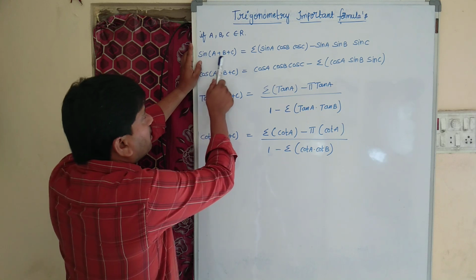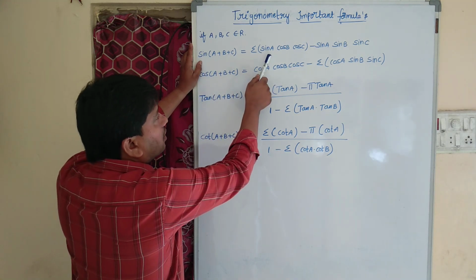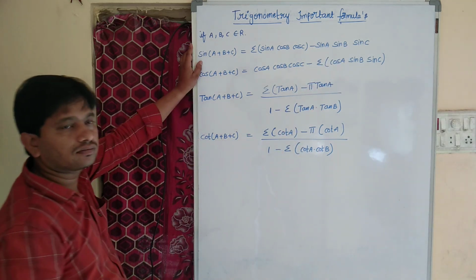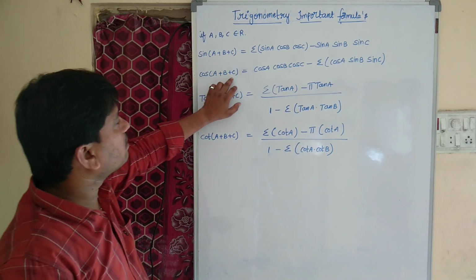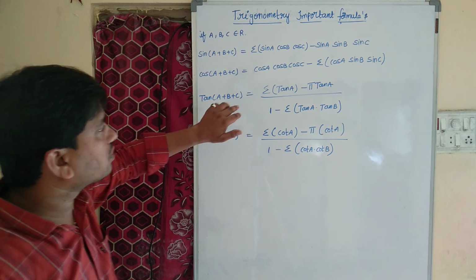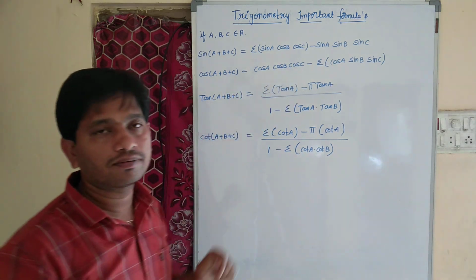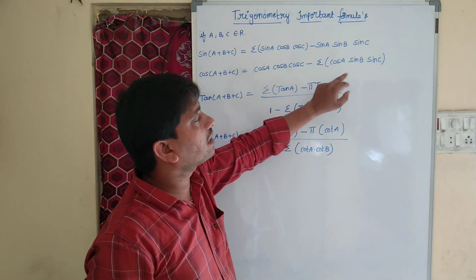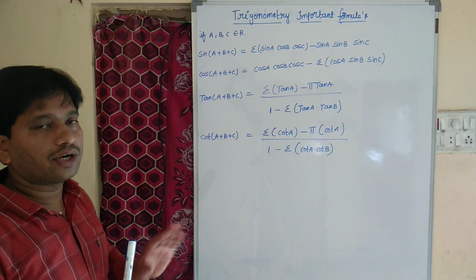See here, sin of (A plus B plus C) equal to sigma sin A cos B cos C minus sin A sin B sin C. Now cos of (A plus B plus C) is equal to cos A cos B cos C minus sigma cos A sin B sin C. You try to differentiate that.